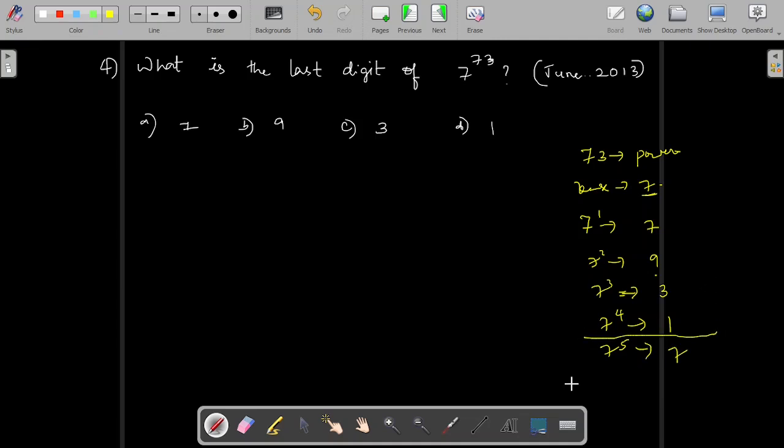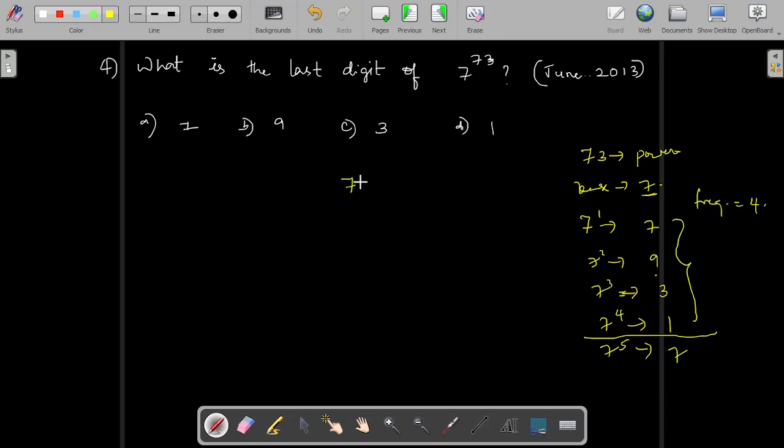Therefore, the last digit of powers of 7 repeats after every 4 powers, starting with 1 after 4, then again the same for 5, 6, 7, 8, then after 8 again the last digit 7 repeats. So the last digit of 7 has a power cycle with a frequency of 4.